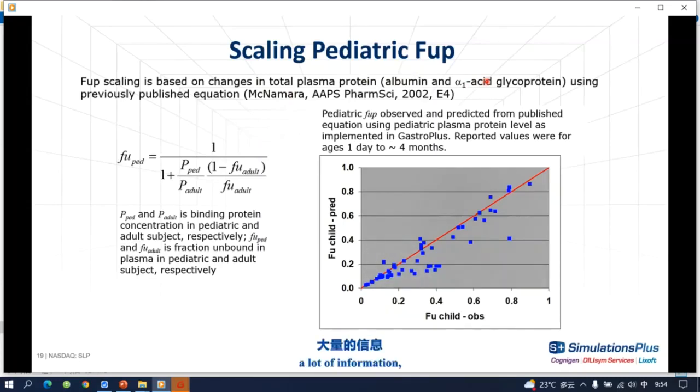So a lot of information needs to be compiled and put together to calibrate or to parameterize the physiologies themselves. And we haven't even talked about the enzymes or transporters. Right? This was really only about the body composition, tissue sizes, overall body size.